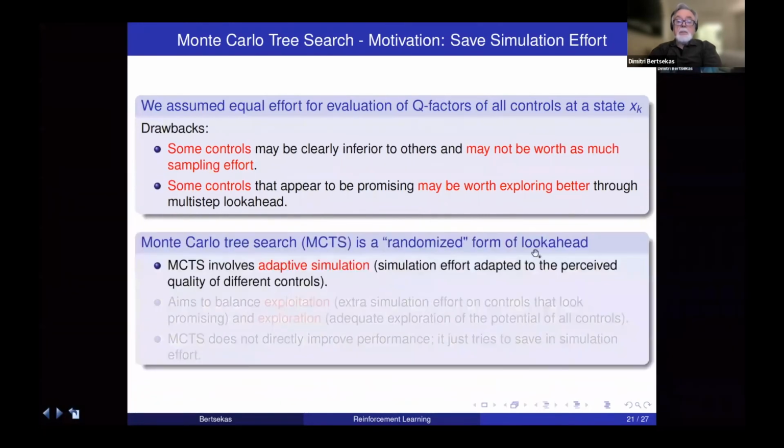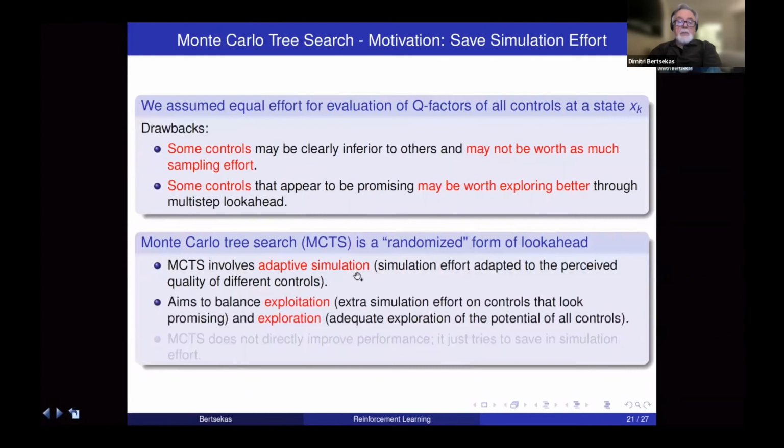It can be viewed as a randomized form of look-ahead, where we explore the look-ahead tree based on some kind of randomization, based on some criteria. In particular, adaptive simulation is a term that's being used here: simulation effort that's adapted to the perceived quality of different controls. That's what adaptive simulation refers to.